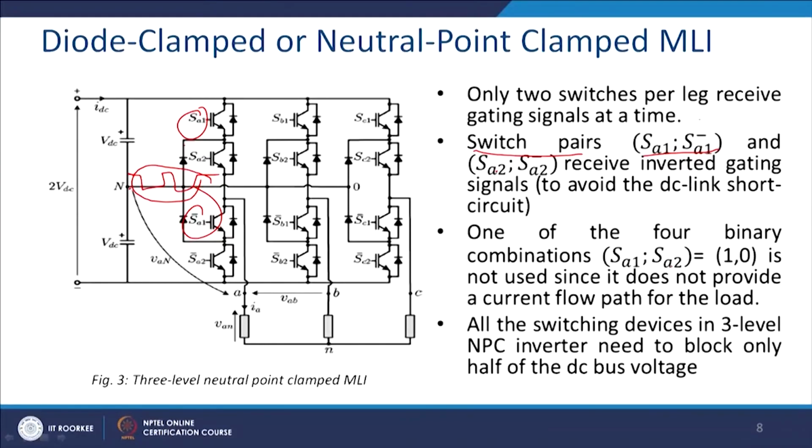One of the 4 binary combinations, that is let us say S1 and S2, is not used since it does not provide the current path to the load.